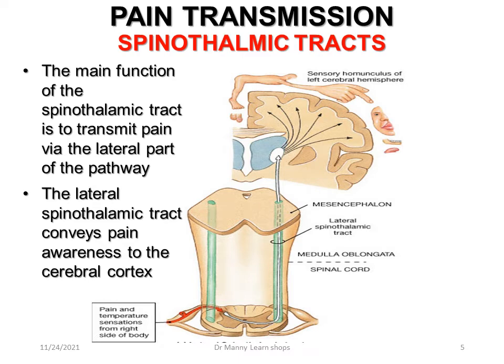The main function of the spinothalamic tract then is to transmit pain via the lateral pathway so that we are aware that we have pain. And this is made aware to us in the cerebral cortex, because this is the sensing area for pain that's transmitted.